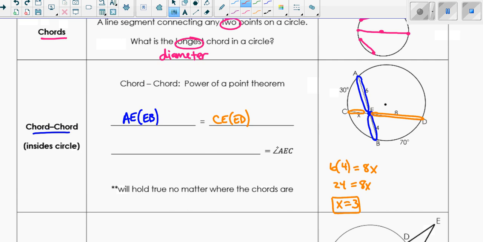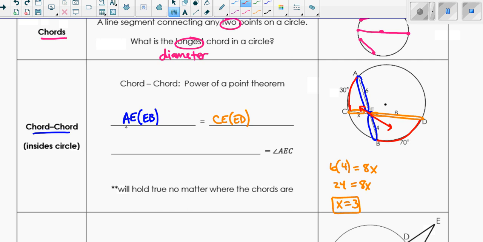Next, if I want, I can use chords to find angles. Notice where these chords are. At this point, there's this angle right here, DEB, and that opens up to arc BD. Notice that the vertical angle opens up to arc AC.